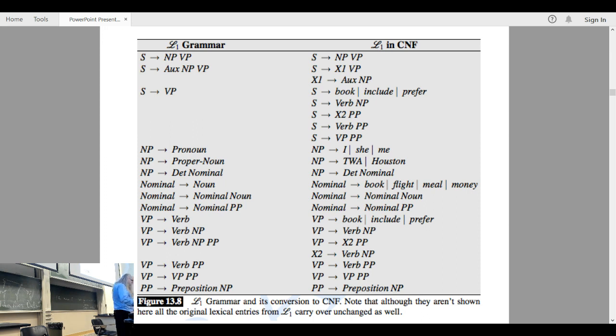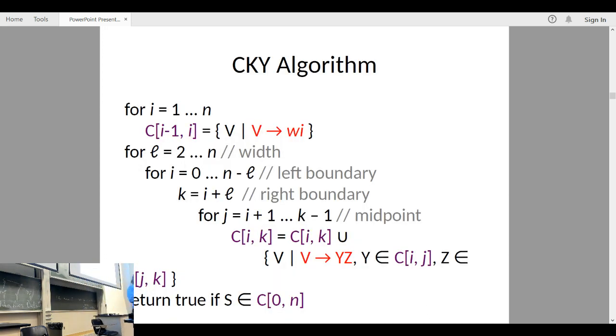Okay, the reason that we're doing this is because one of the first parsing algorithms to look at is the CKY algorithm, and the CKY algorithm requires things to be in Chomsky normal form. That's a restriction, but it's not much of a restriction. And what we can do is we can actually do parses and find out the parse tree by having things only in Chomsky normal form. Okay? I'm going to talk about the algorithm in a number of different ways.